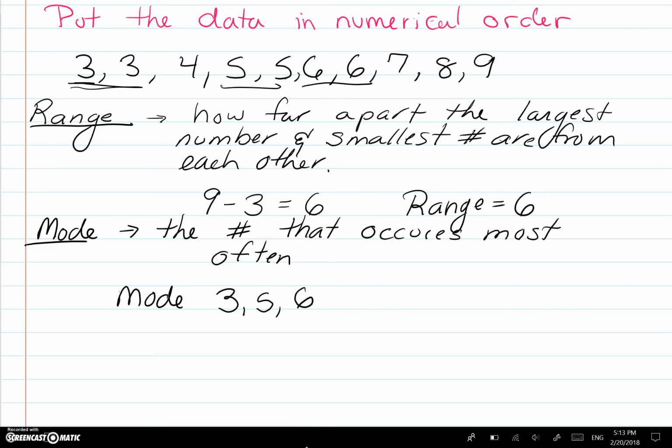Now, if I had an extra number added to this, let's say I had a 5, then my mode would just be a 5, because that one would appear 3 times and everything else would appear 2 or 1 time. I can also have no mode.